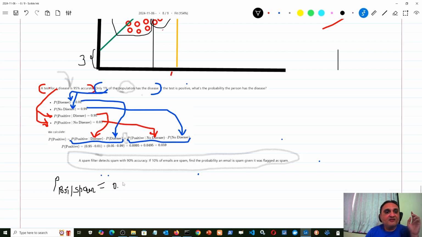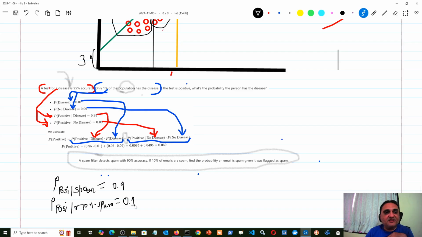That automatically means testing positive when the email is non-spam would be 0.1, or 10%.